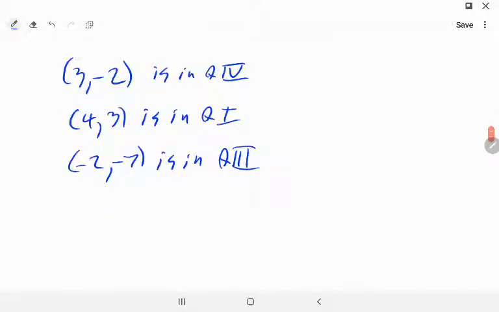And if we said -1, 5, that's in quadrant 2.